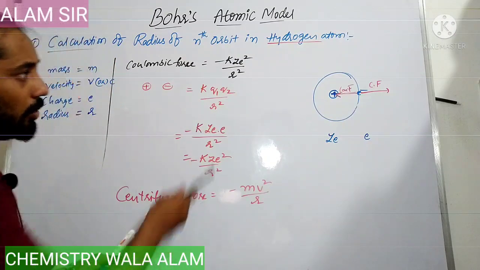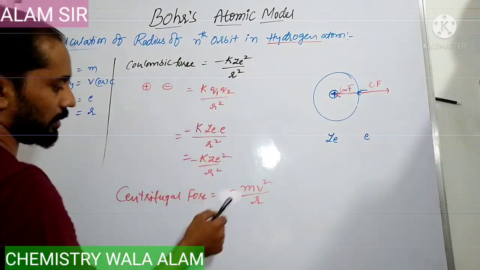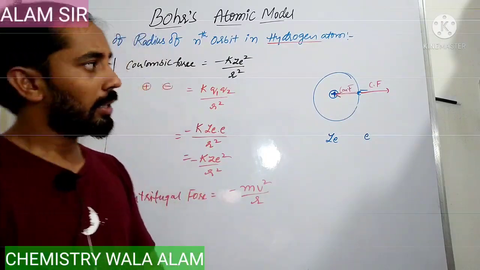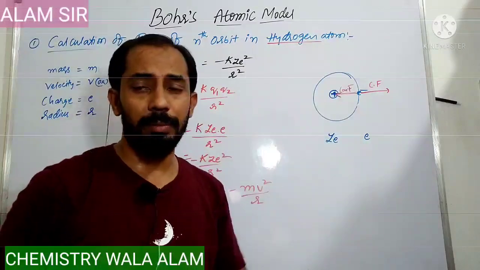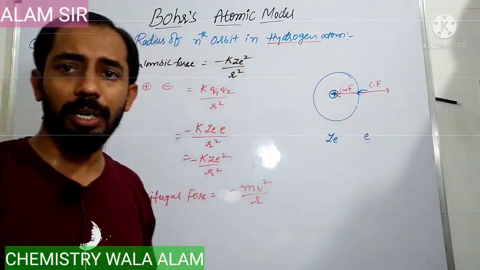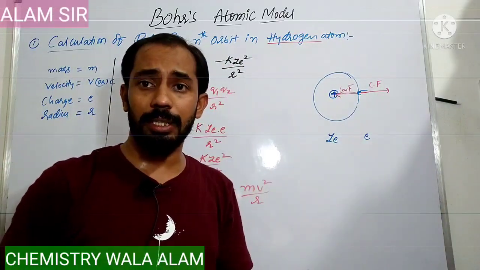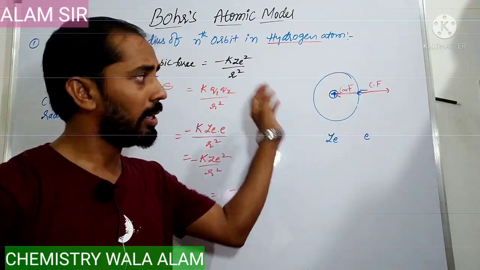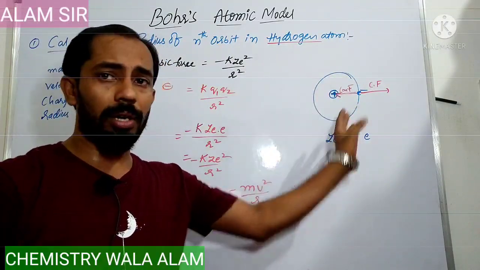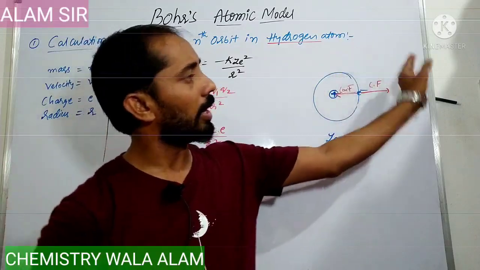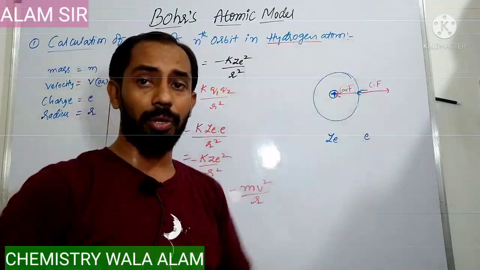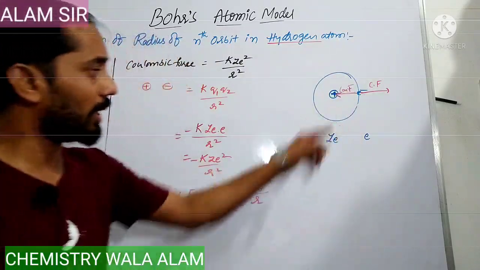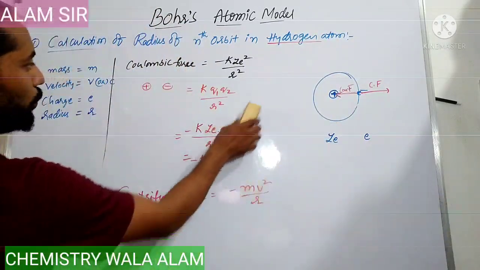Here the two forces should be in equilibrium, because the electron is revolving in a particular shell, and it neither loses nor gains energy. That means however much attraction is present between the nucleus and the electron, the same amount of force acts outward, and that is called the centrifugal force. So here Coulombic force equals centrifugal force. That's why we take these two forces.